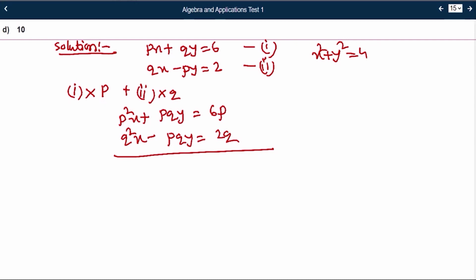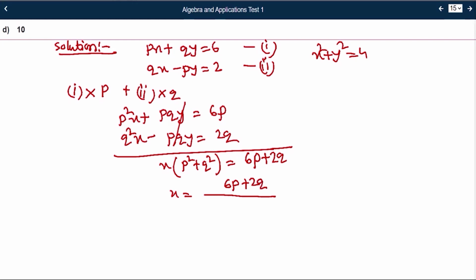So it becomes, after taking x common, p square plus q square times x equals 6p plus 2q. So x can be written as 6p plus 2q by p square plus q square, right?